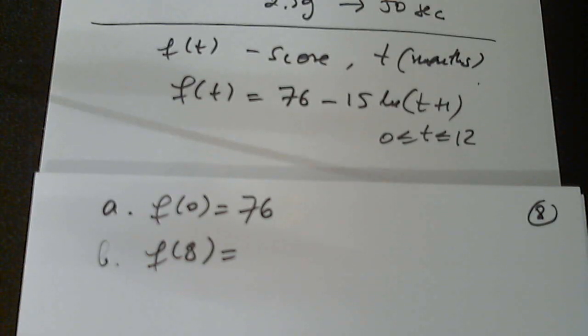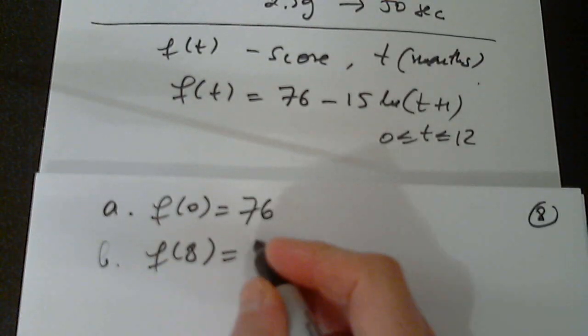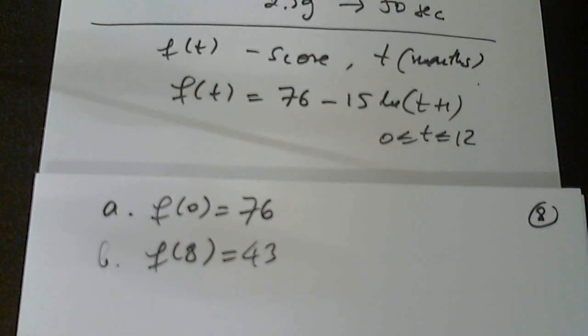Insert 15. Good. So then the second table. If you have any doubts, you can plug in 0. We have to get 76 for sure. And then I have to plug in 8. And we get 43.0. So 43%, 43 score, average score.